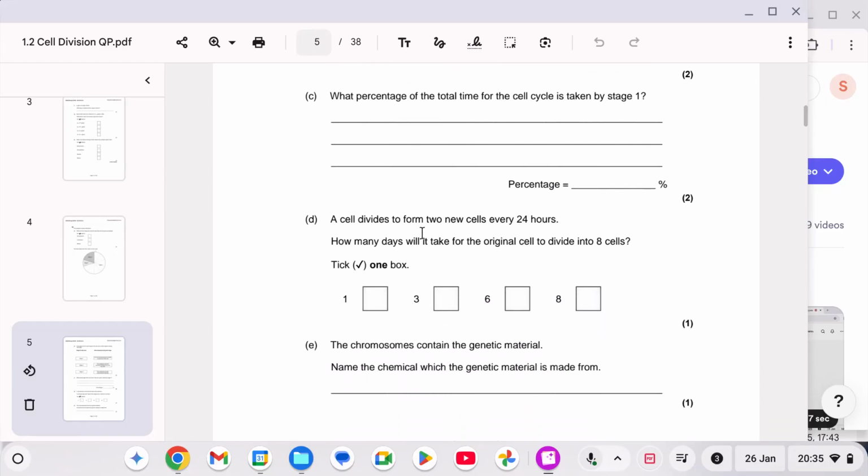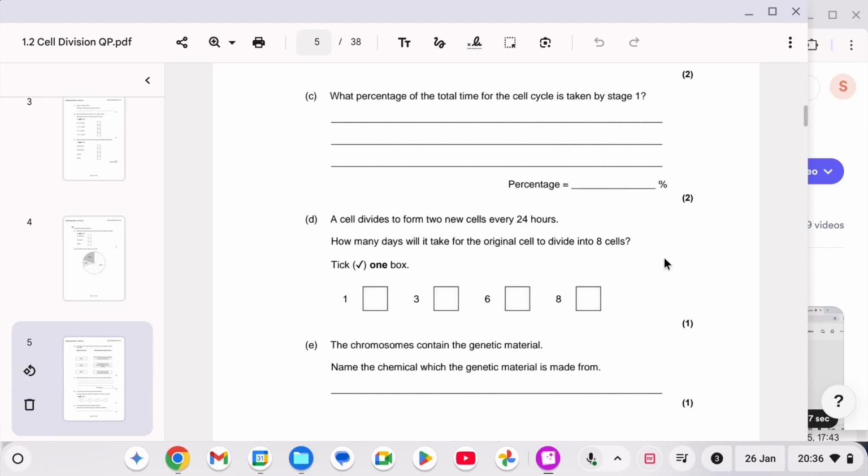Okay, a cell divides to form 2 new cells every 24 hours. How many days will it take for the original cell to divide into 8 cells? 1, 3, 6, or 8.